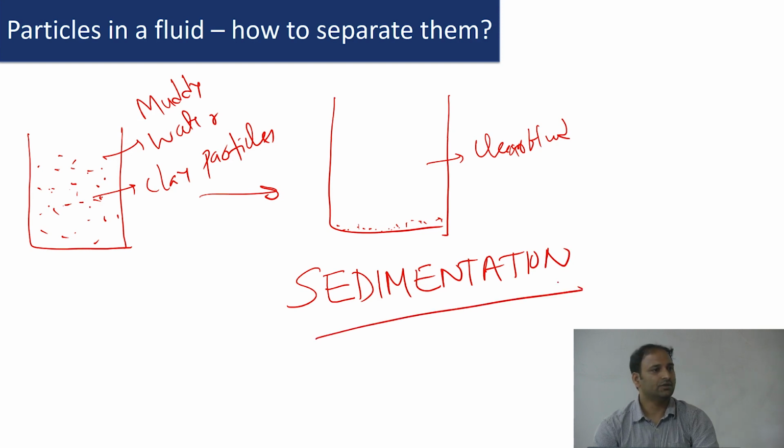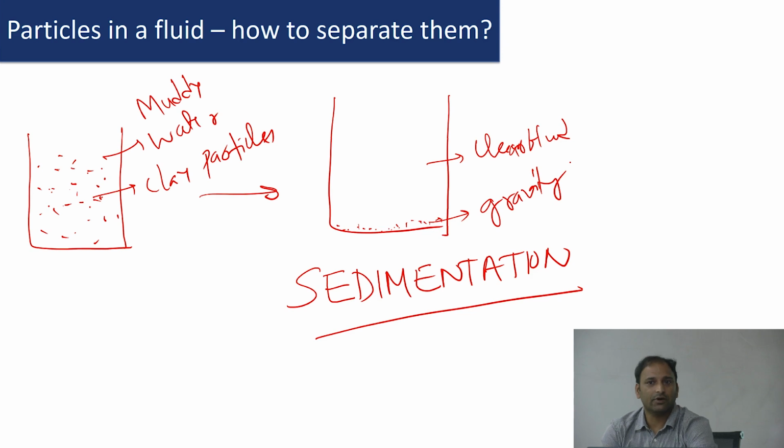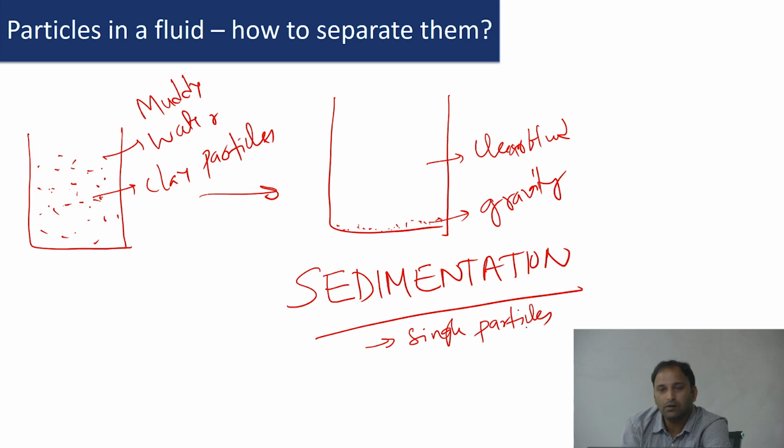All you have to do is take this container which has these particles and just let it stand, okay. Then what is going to happen is your gravity is going to kick in, okay, and the particles are going to slowly sediment to the bottom. So we're going to look at some aspects of sedimentation of single particles, okay.